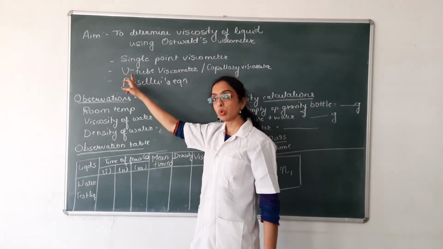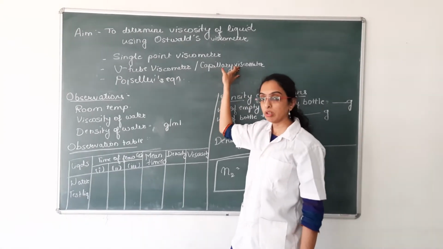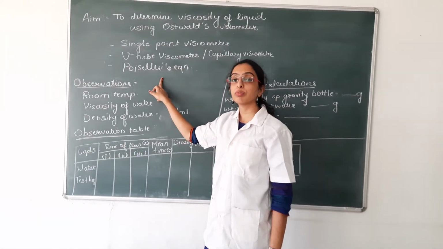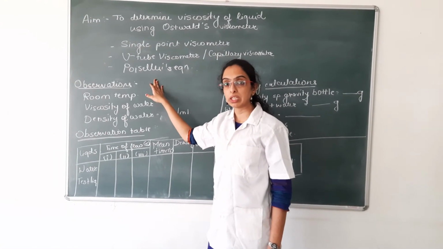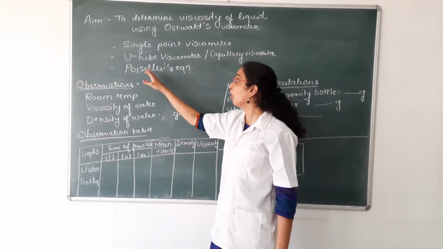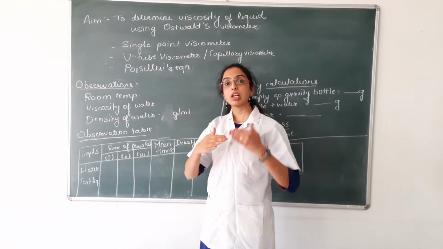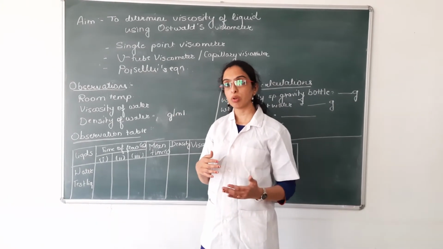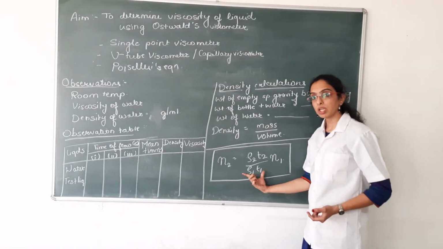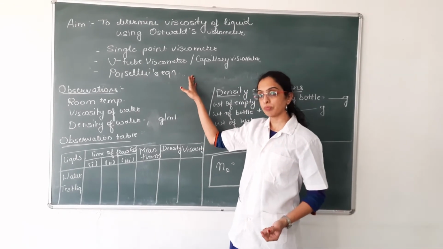It is also known as U-tube viscometer or capillary viscometer, and the equation derived for the determination of viscosity in Ostwald viscometer is based on the principle of Poiseuille's equation. Whatever is the final equation derived for the Ostwald viscometer, it is derived from the Poiseuille's equation.